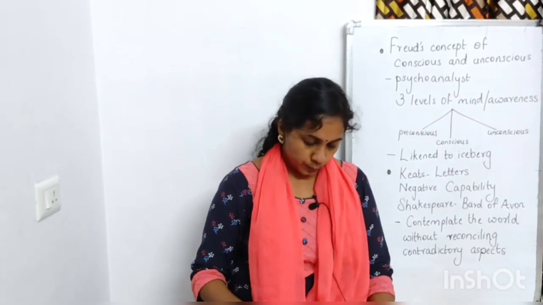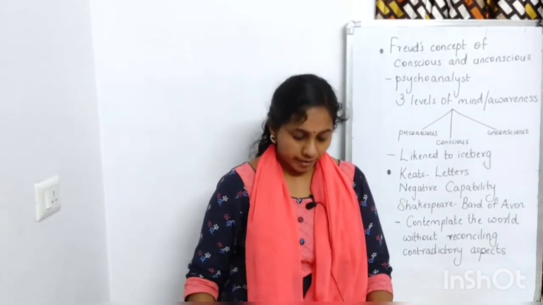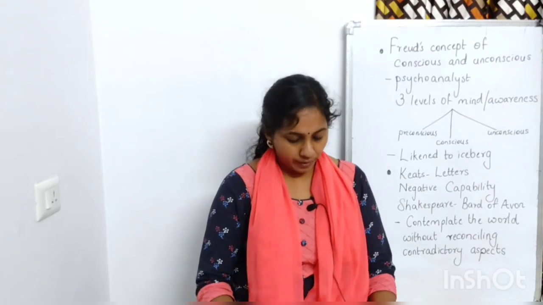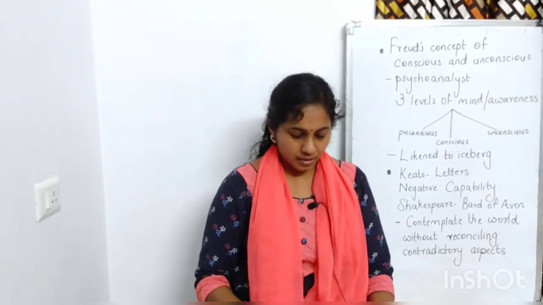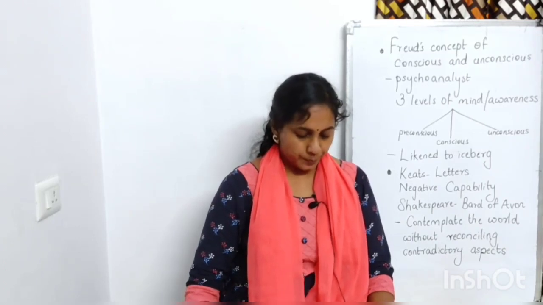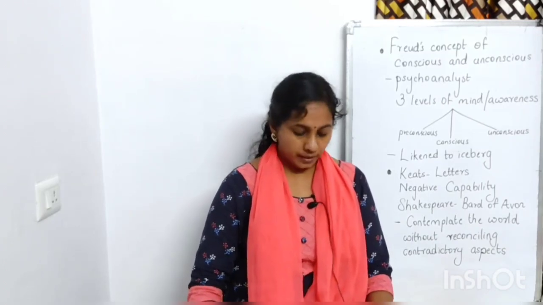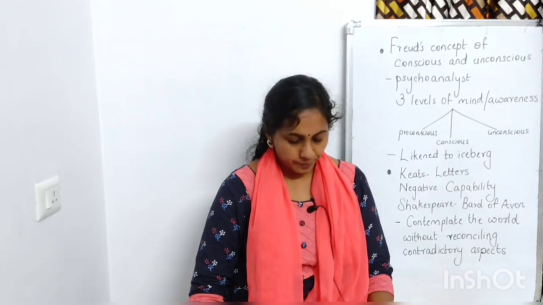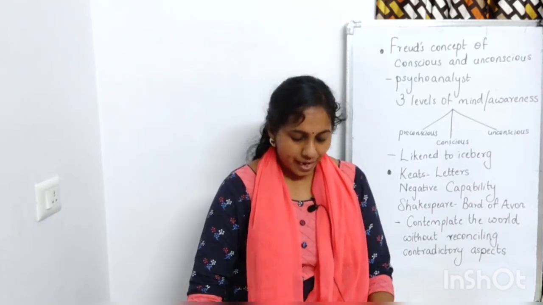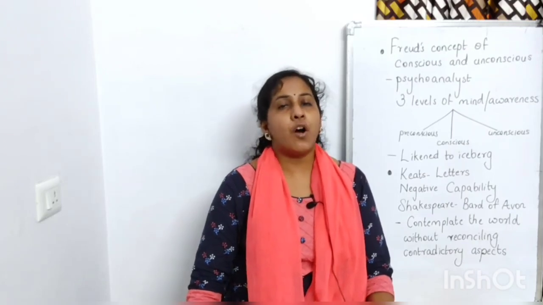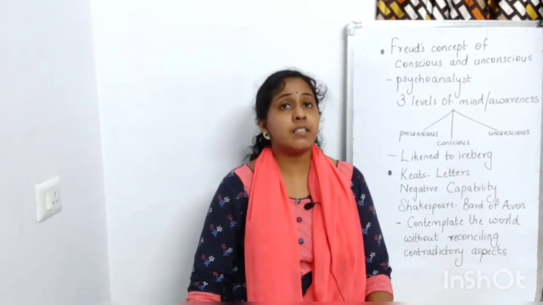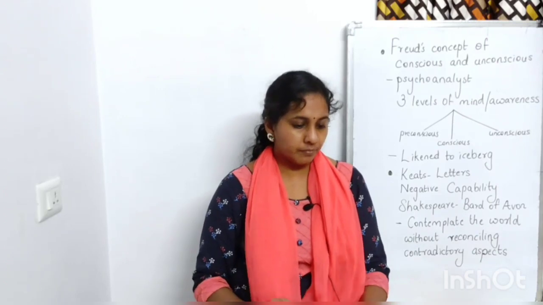Now coming to Keats, especially in the writings of Keats, who didn't formulate any formal critical theory but discussed it in his letters. So in Keats' work too, some of these same points come up. He had not put forward any formal critical theory, but it is found in his letters.